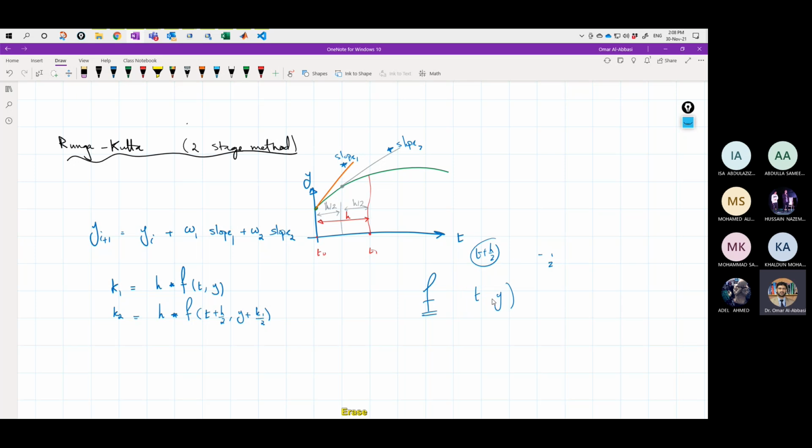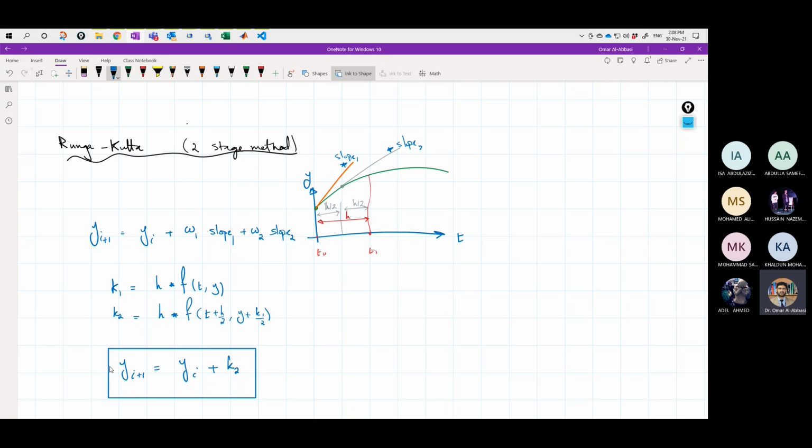Okay, and the Runge-Kutta two-stage method says that the new solution i plus 1 equals the old solution plus k2. That is what is known as the Runge-Kutta two-stage method.